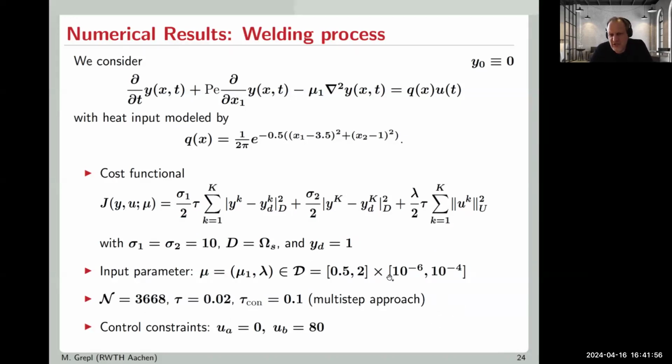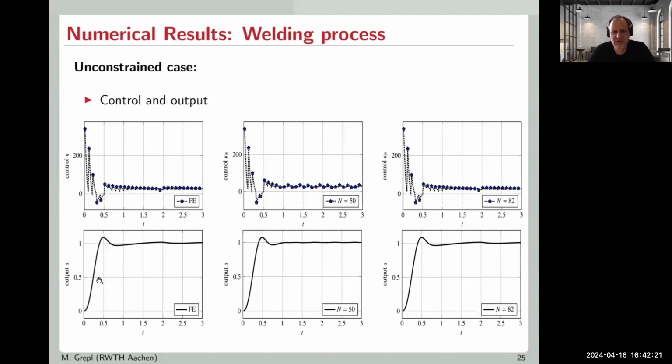Another extension here is that we use a so-called multi-step approach. Compared to the standard approach, where you use only the first control in every MPC step, you use several controls and then move forward. Again, an extension which you can easily show.